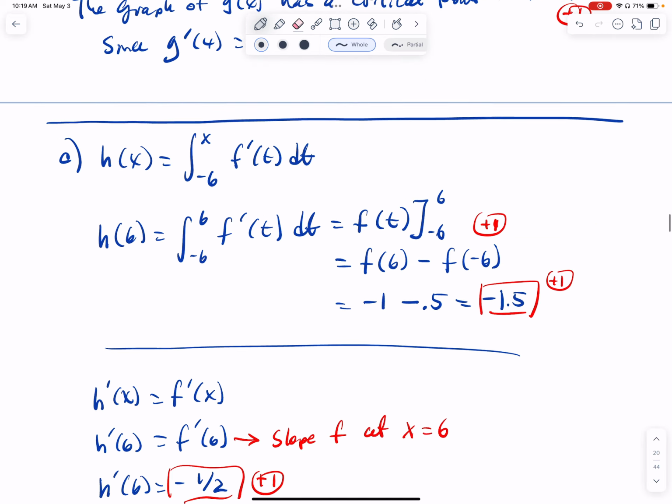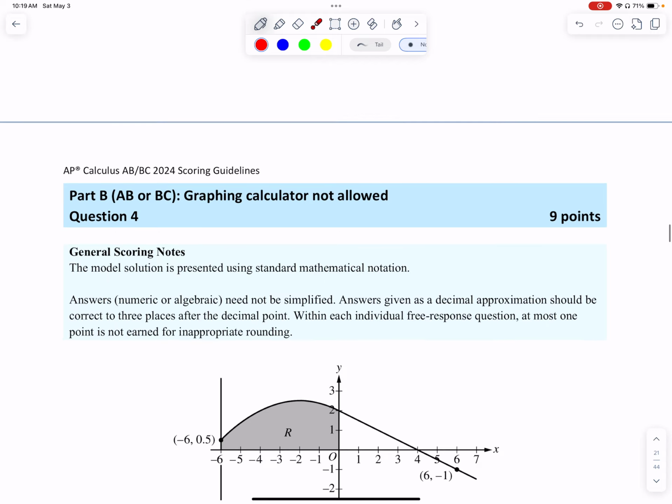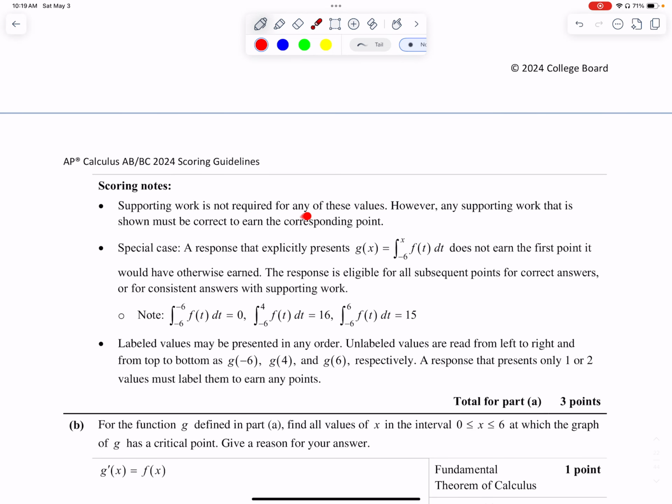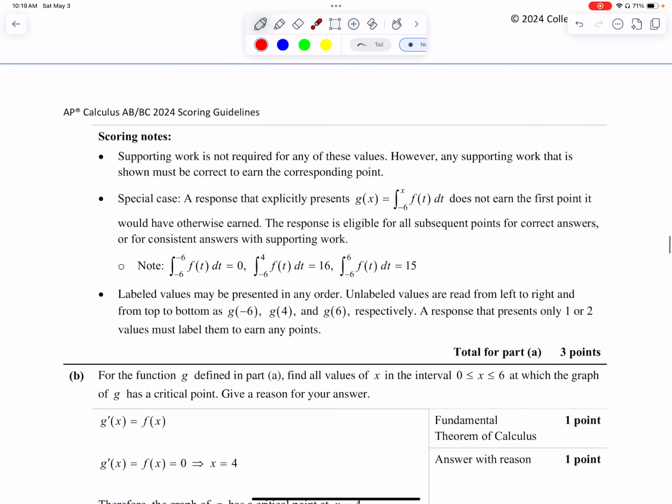Okay, so let's see if they said anything special about all of that with their little notes. Okay, supporting work is not required for any of these values. Huh, crazy. However, any supporting work that is shown has got to be correct to earn the corresponding points. Let's see, a special case. A response that explicitly presents a wrong value does not earn the first point it would otherwise have earned.